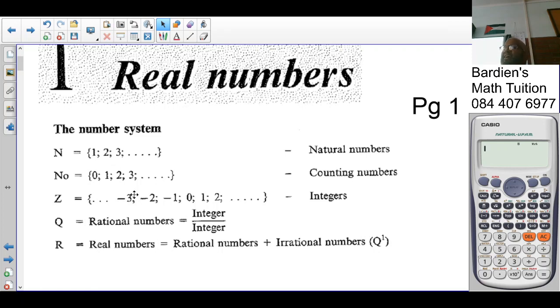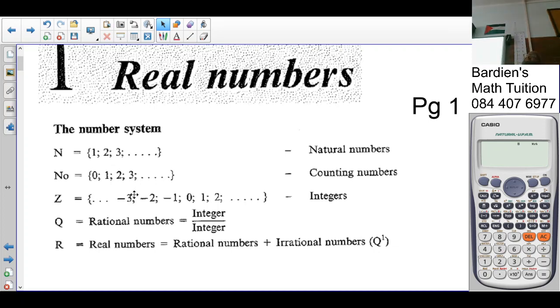What else do you get in negative numbers? Come, people. Money, yes. Accounts, yes, when your bank balance is negative. Overdraft, yes. So you spoke about negative numbers. So you got 0, 1, 2, 3, 4, 5, 6.